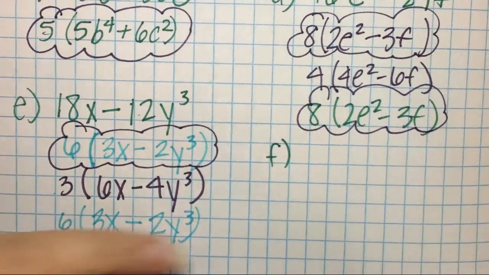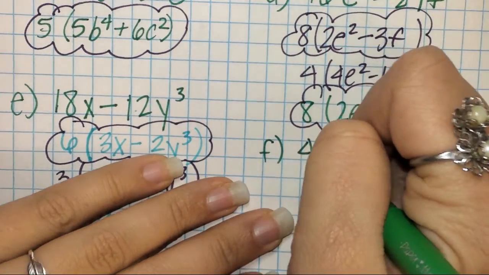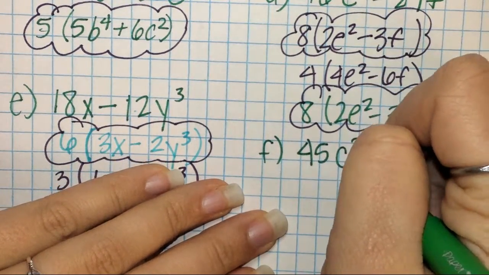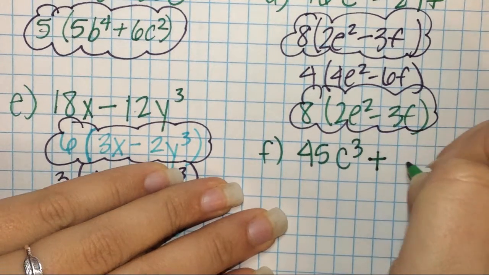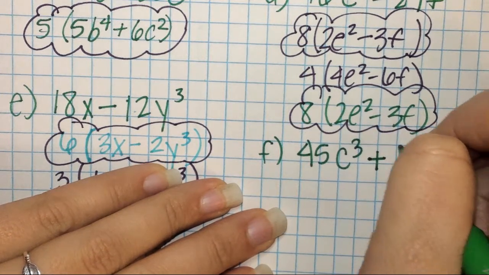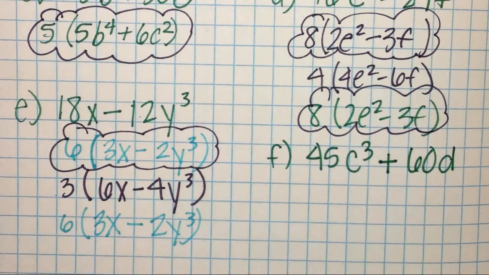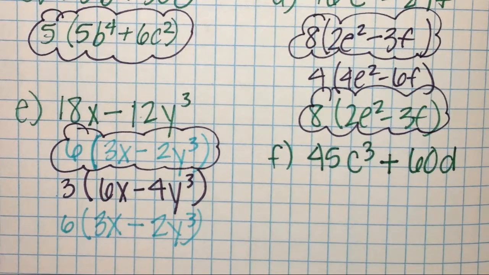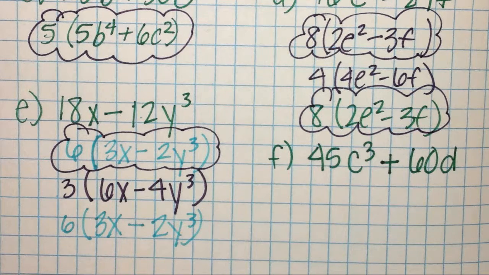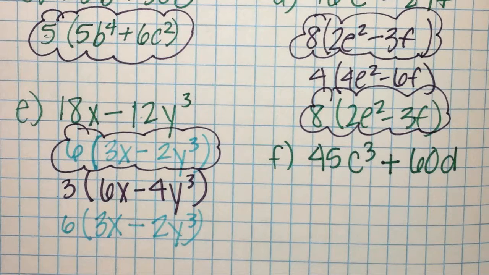Let's do 45c cubed plus 60d. The biggest number. That's why it's called greatest common factor.